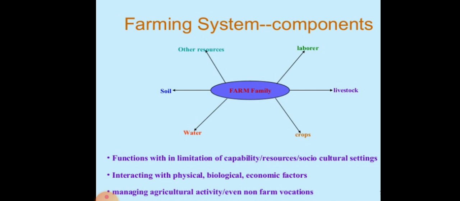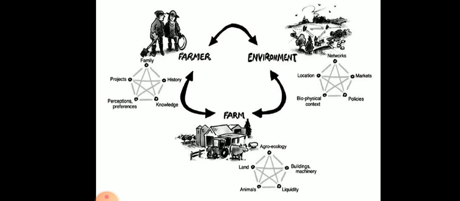And even non-farm vocations, like for example, your basic communication skills, okay, the basic estimation and calculation is much needed as your vocation as a farmer, okay. So in the image, you consider the farmer, the environment in the farm.